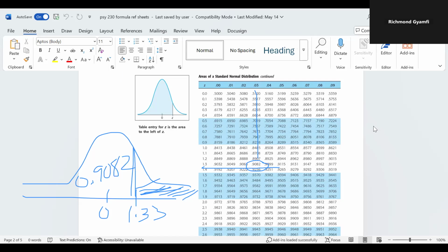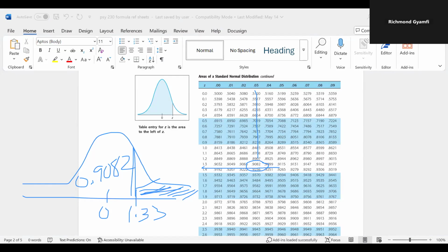So 1 minus 0.9082 will give you 0.0918. And yep, that's it. That's what you have.